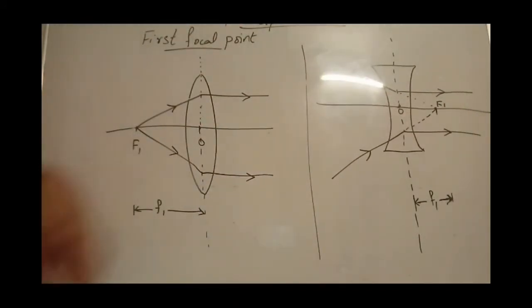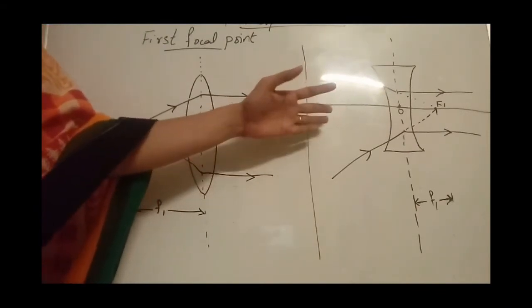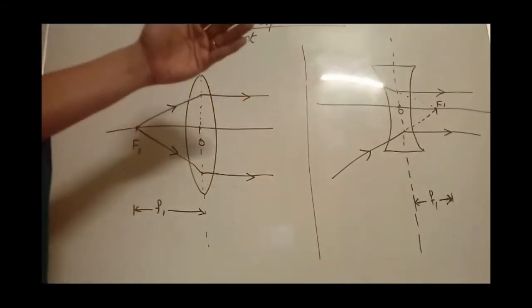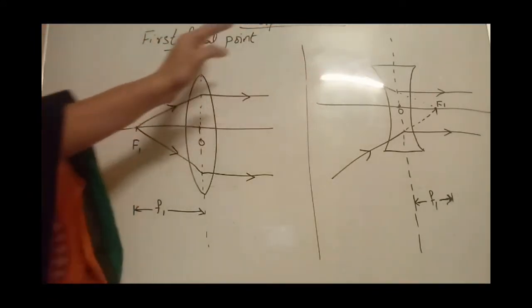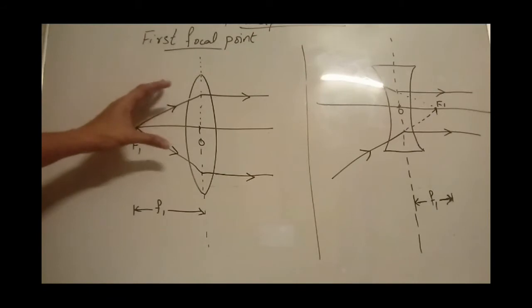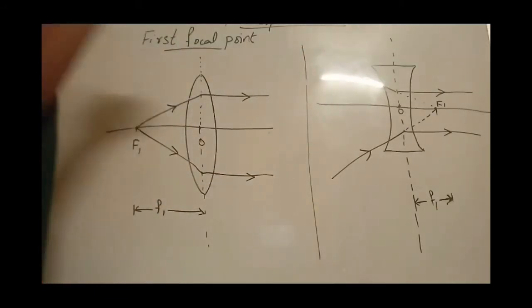In the same way we can define the principal focal point for a concave lens also. We know that in a convex lens it is a kind of convergence, whereas in the case of a concave lens it is a kind of divergence.